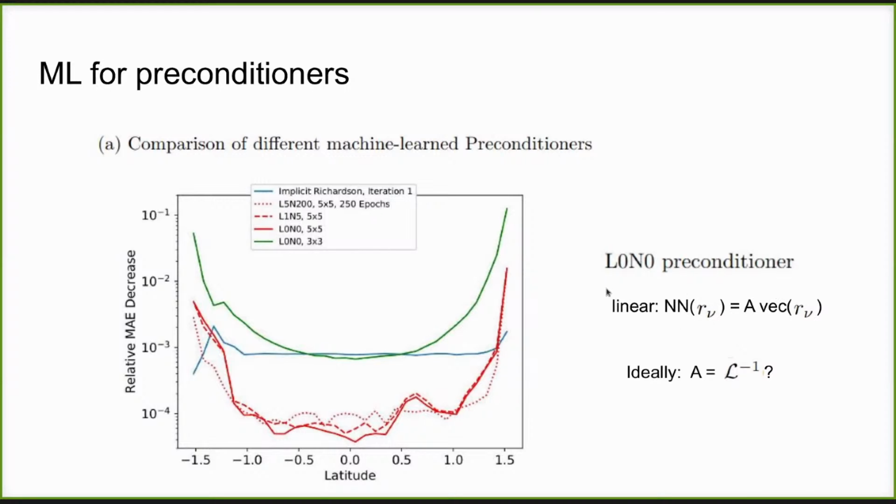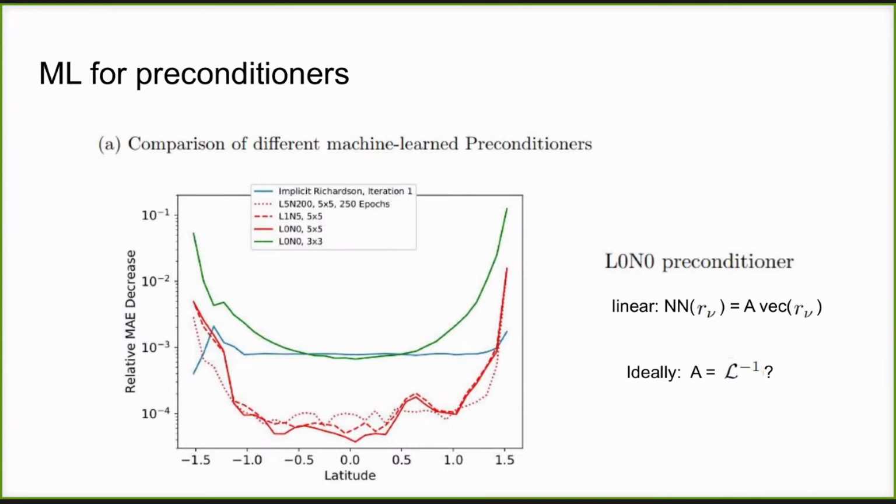If you have 5 by 5, then in each row of this matrix A, you're going to have 25 non-zero elements. If you use a 3 by 3 stencil, you're going to have 9 non-zero elements. But overall, this matrix A is supposed to mimic the inverse linear operator of the true system. So the whole thing is supposed to be a linear operator.